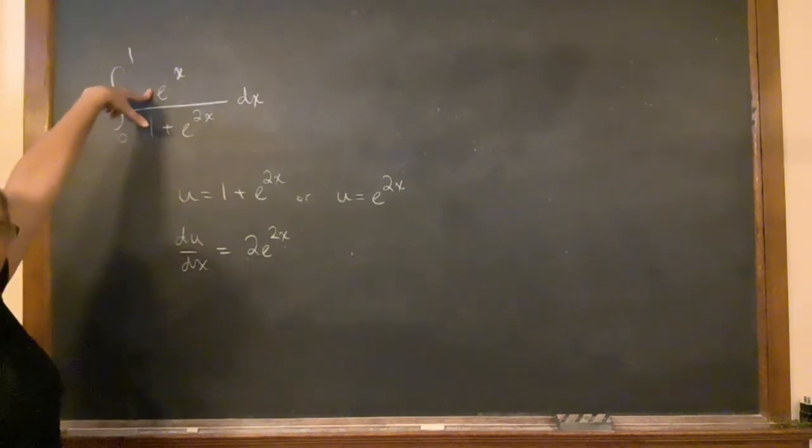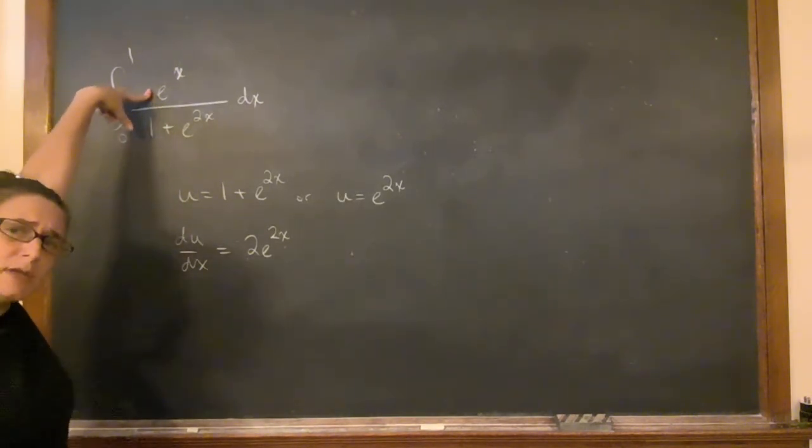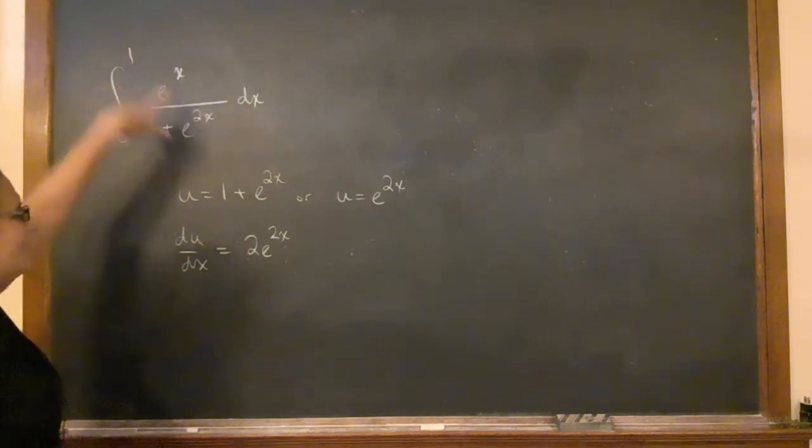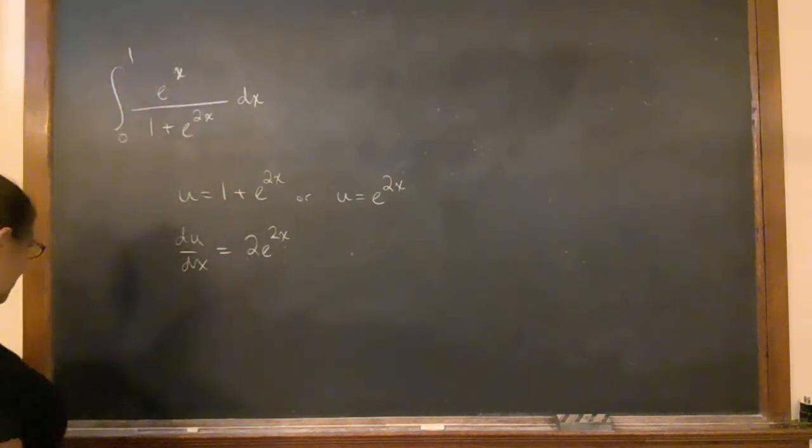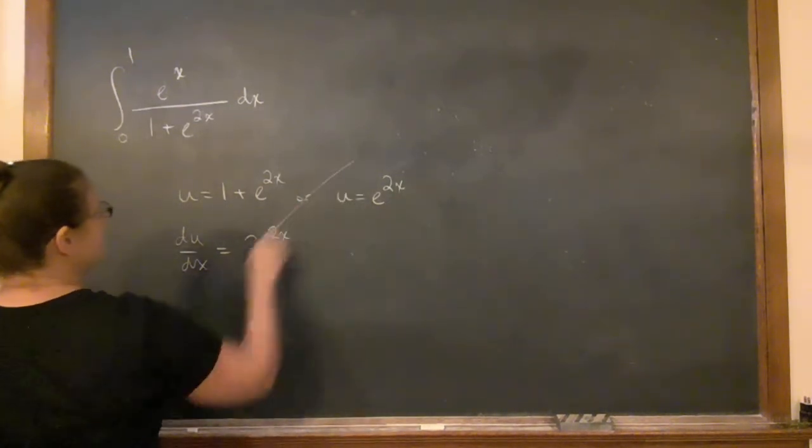But my one on top only has e to the x. So substituting that in there isn't going to work. So this is not a good choice for this one.